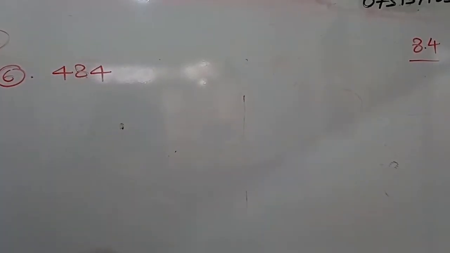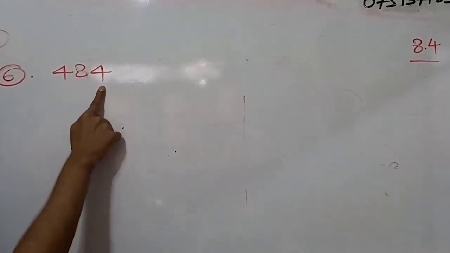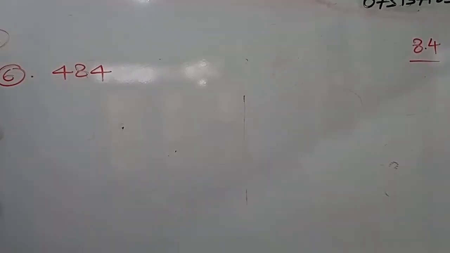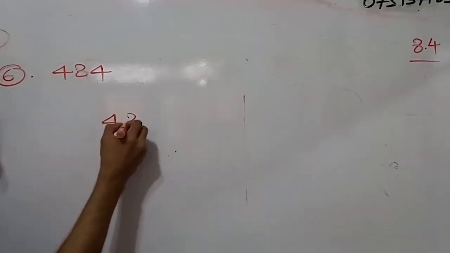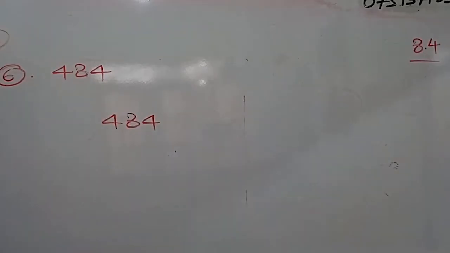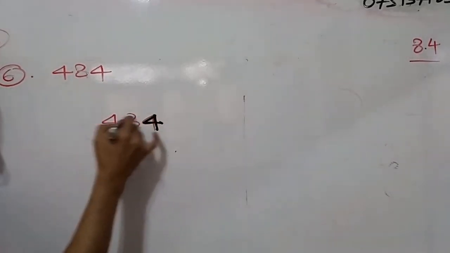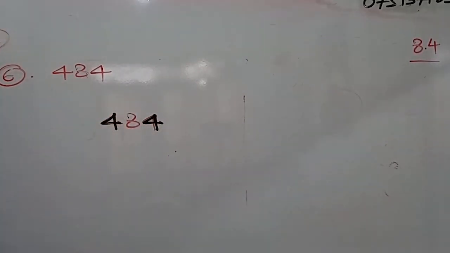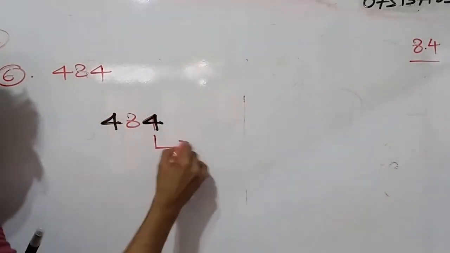So the next number we have is what? 484. So the digit on the ones place is what? 4, no? That means this can be a perfect square, right? So we will write down the number again, which is 484. So these are the two digits that we need to consider. So this is 4, no?